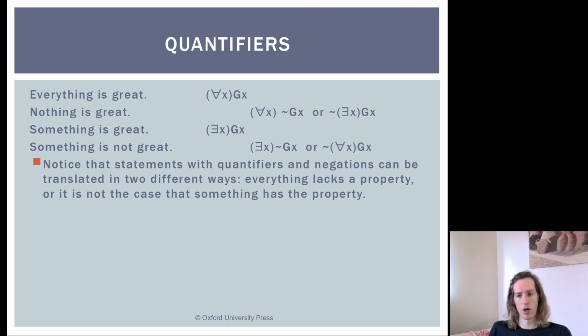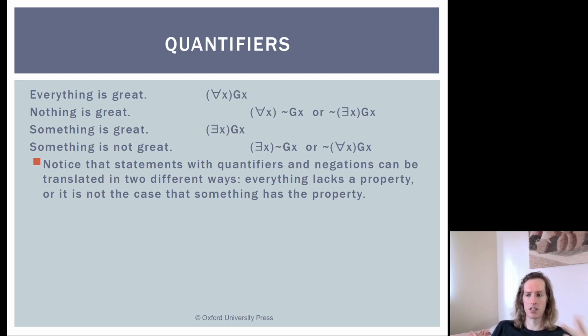Or I could express this as, it is not the case that for all things, the property g, great, applies. So these are two different ways of expressing the term something is not great.